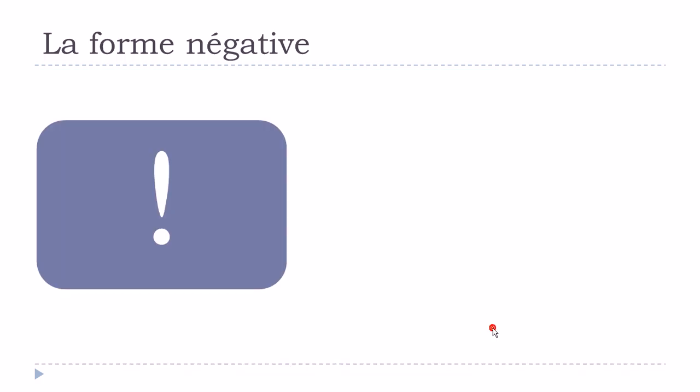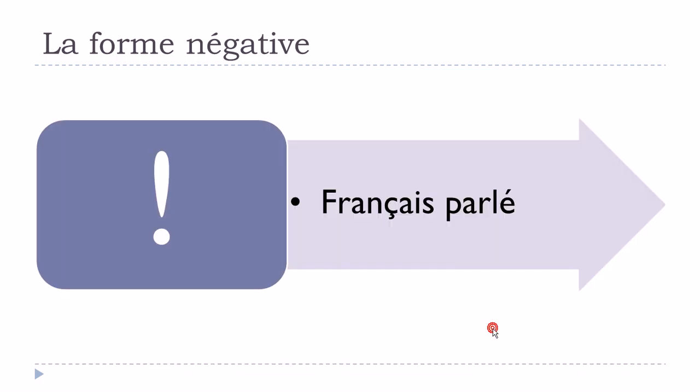Okay? Keep in mind that actually, as you know, spoken French and written French can be different. And for this section, I will present to you this informal way that some French people construct the negative form.